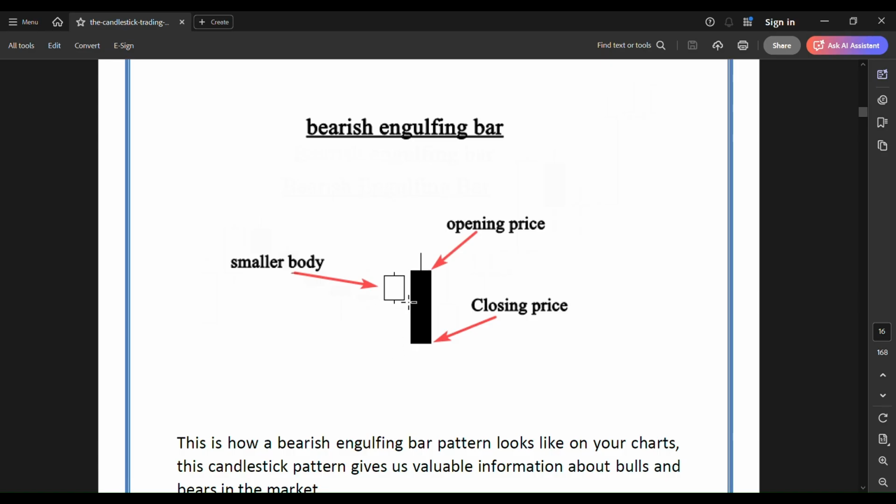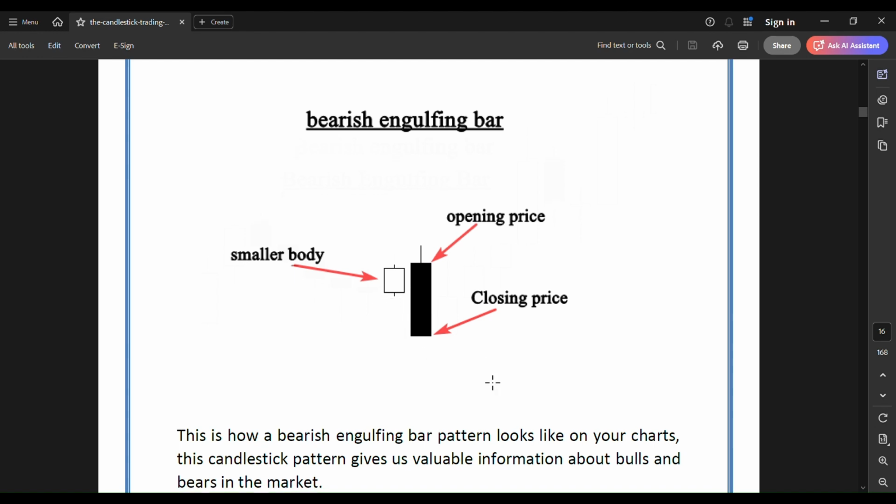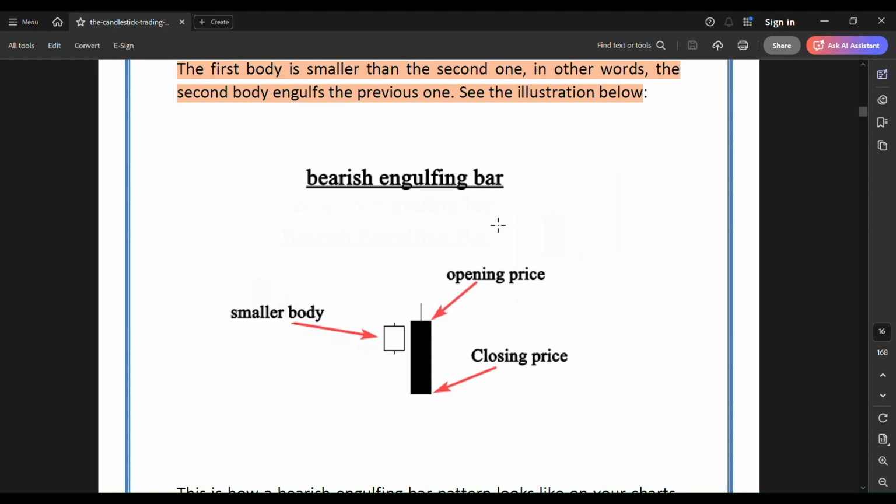And in most cases there could be gaps here. As you can see, the opening price was here, the closing price for this bullish candle was here, but the opening price was actually higher, signifying that there was a gap here. And then of course there's the lower part there. So that's engulfing that candle. So this is a bearish engulfing bar.